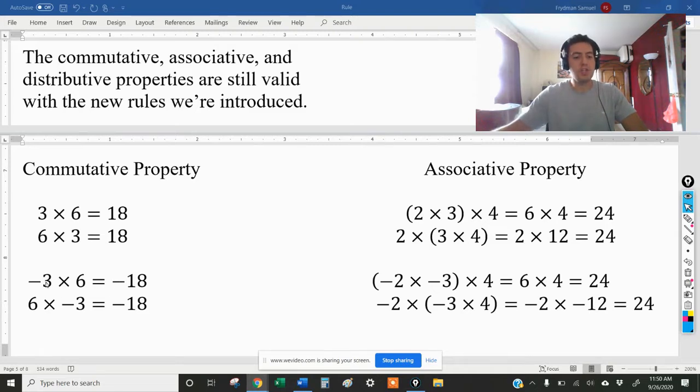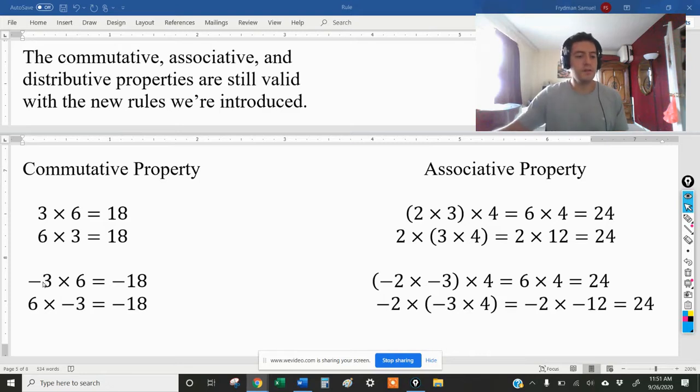Now, if we switch the order, so instead of doing it this way, now we'll do it this way, 6 times -3. Well, we still have different signs here, so the answer is still going to be negative. So you can see that the commutative property still holds for multiplication when we throw negative numbers in there, okay?